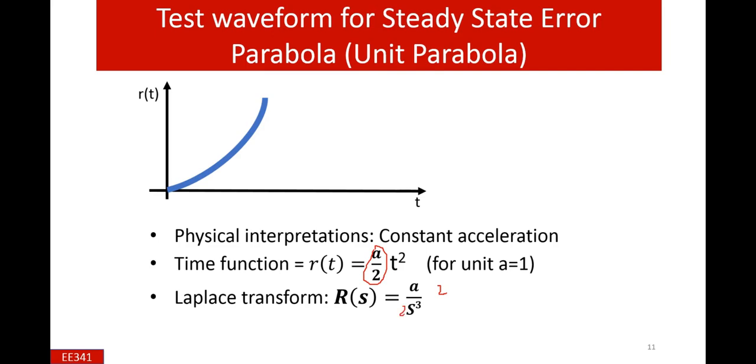And the Laplace transform of t to the power n is equal to n factorial over s raised to power n plus 1. So this is the next input waveform which is used to analyze the steady state errors, and the Laplace transform of the unit parabola is 1 over s cube.